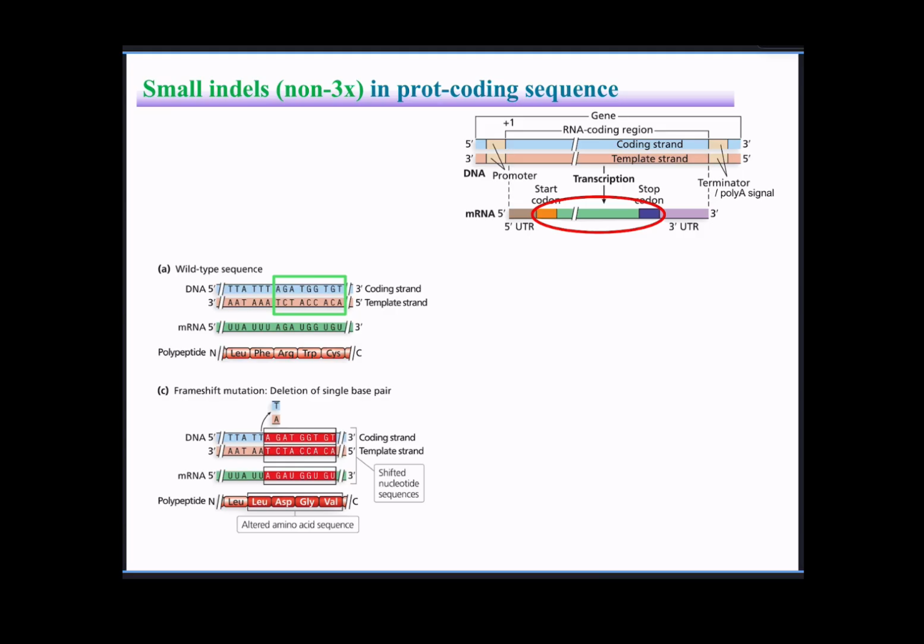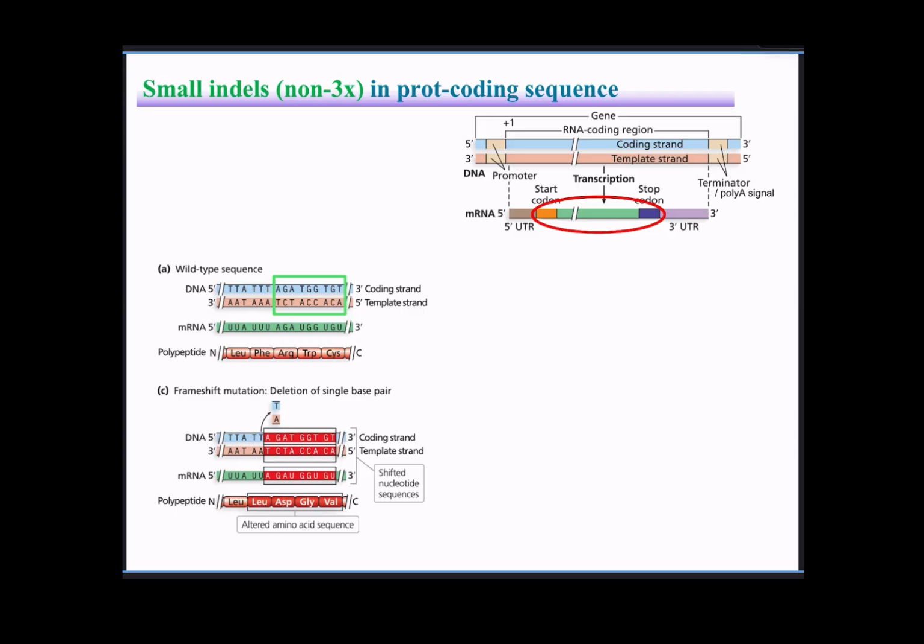And then we also talked about these pretty disastrous small indels that happen in non-multiples of 3 that will inevitably lead to what we call a reading frame shift, or frameshift mutations, meaning that the entire message coded by those triplets changes, because now those letters get moved one way or the other, and the ribosome doesn't know, so it keeps reading in groups of 3, and now the identity of each of those triplets is different, and you have proteins with completely different sequences of amino acids.